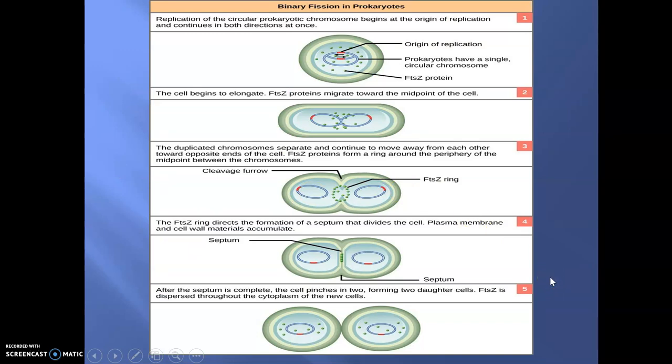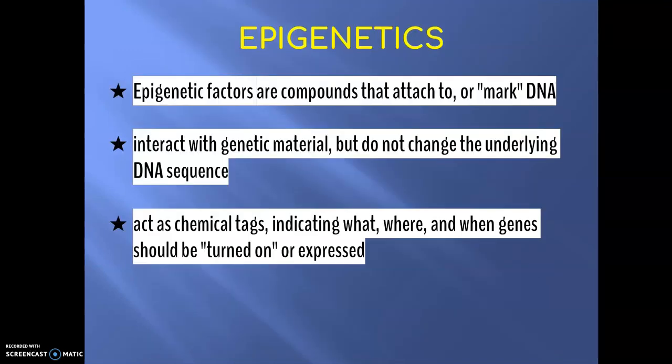This is kind of how it happens with prokaryotes. Okay, obviously it's not going to be the same because they can divide on their own through binary fission. So just kind of read through this on your own.